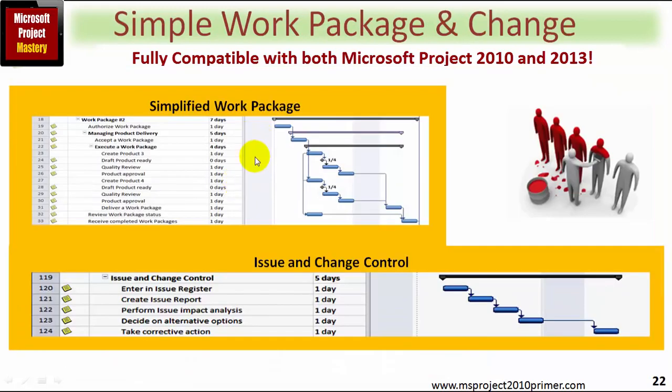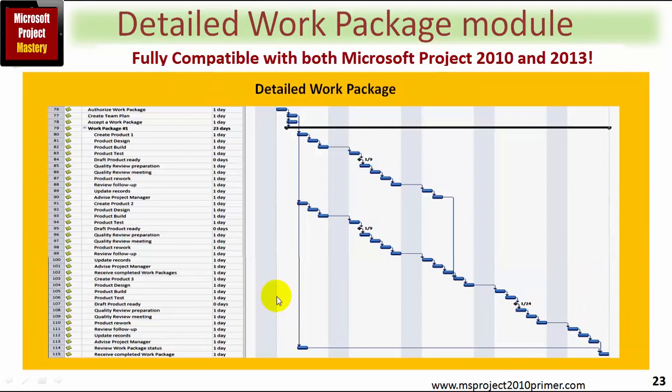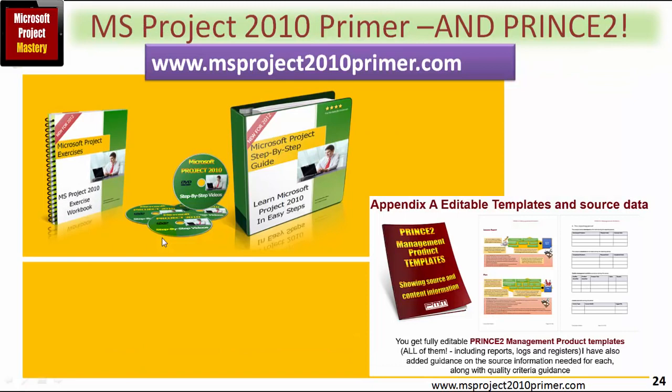You have both a simplified work package as well as a more complex work package and a subroutine on issue and change control, which you can cut and paste into your project when and if necessary. The more detailed work package, as shown here, is more suitable for where you have a more complex or high risk or more important work packages, and you would use this as a basis for customizing it for your purposes.